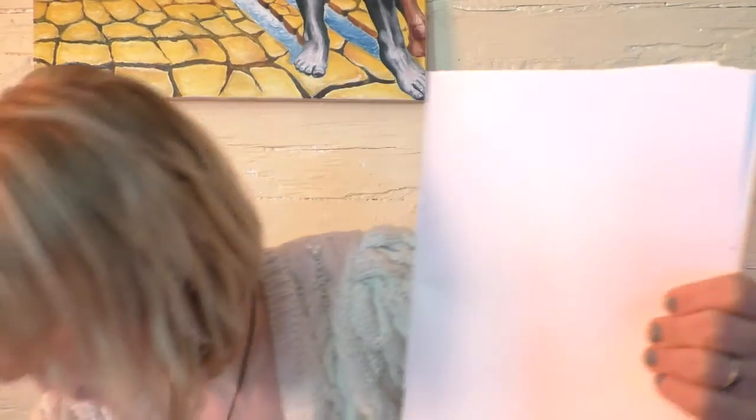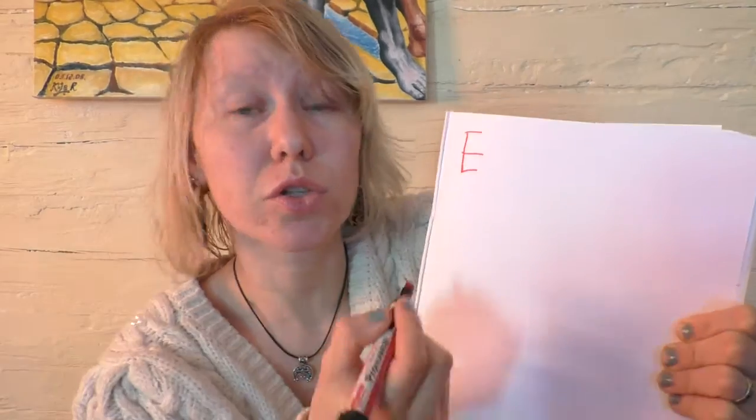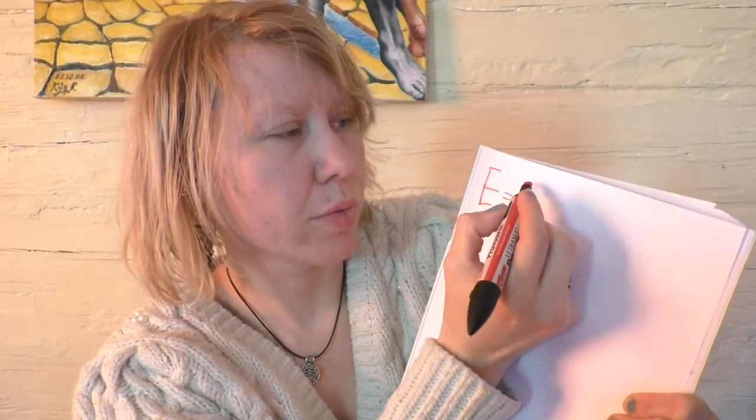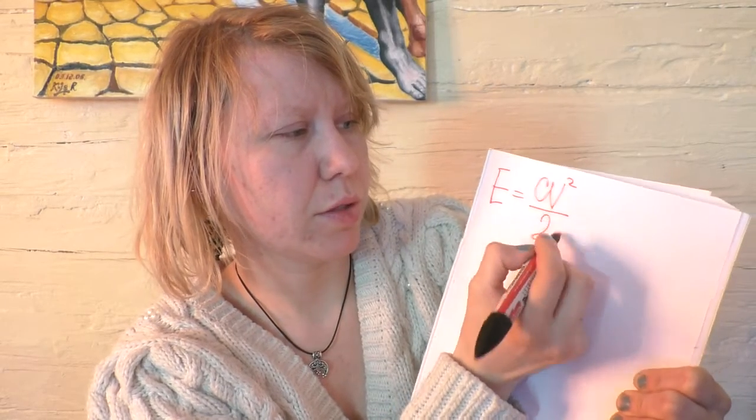So, for example, what do we need to calculate? I will use a clean page. For example, we need to calculate the maximum energy stored by the capacitor. So we need the formula for energy. We remember that we have capacitance and voltage, so we can use a formula with these parameters: CV squared divided by 2.